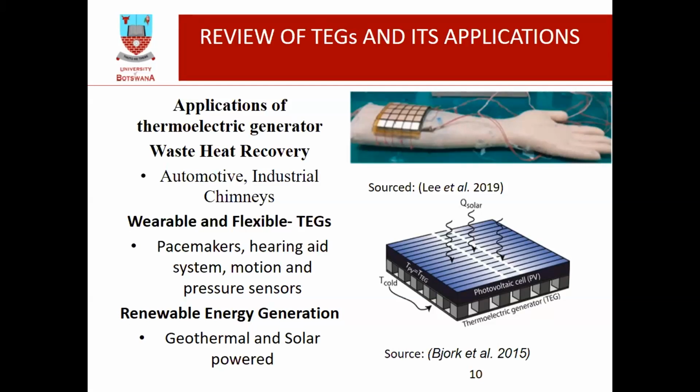So you could see that there's a diverse application range, because when you look at industrial waste heat that is generated, it comes at a temperature difference of around 300 to 500 degrees, and the body emits a temperature of about 36, 37 with the ambient temperature being around 25.